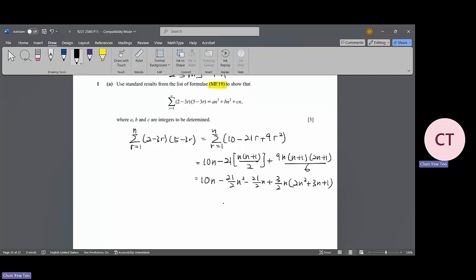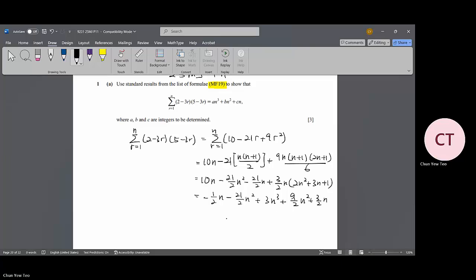So if you keep on expanding, you will get 10n minus, I think this one we can join together. The 10n and the negative 21n, we can join them together. So we will get negative half n minus 21 over 2n squared plus 3n cubed plus 9 over 2n squared plus 3 over 2n.